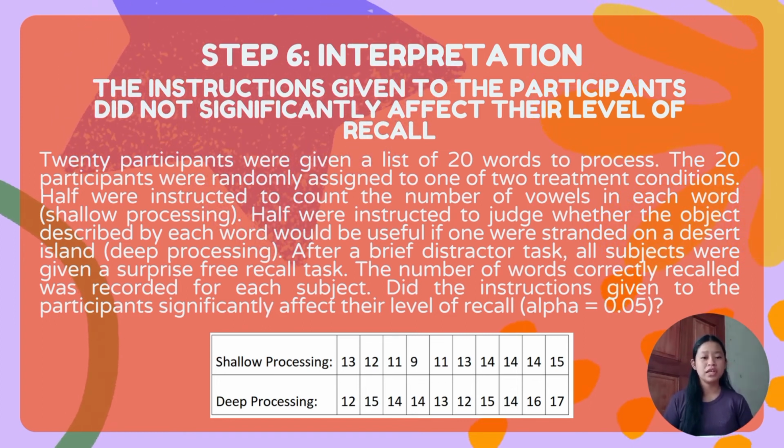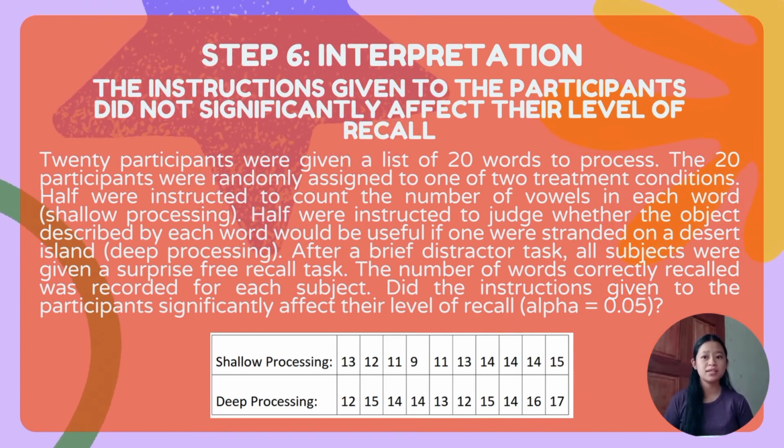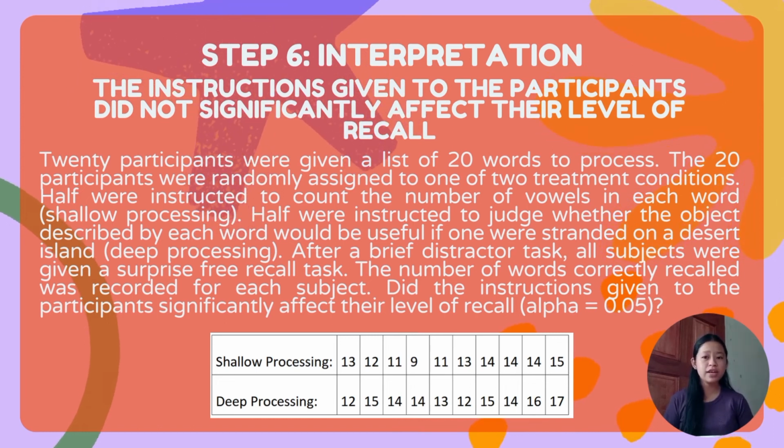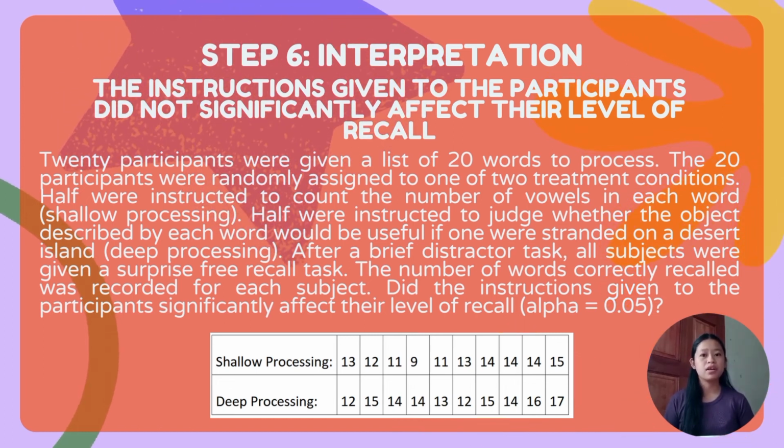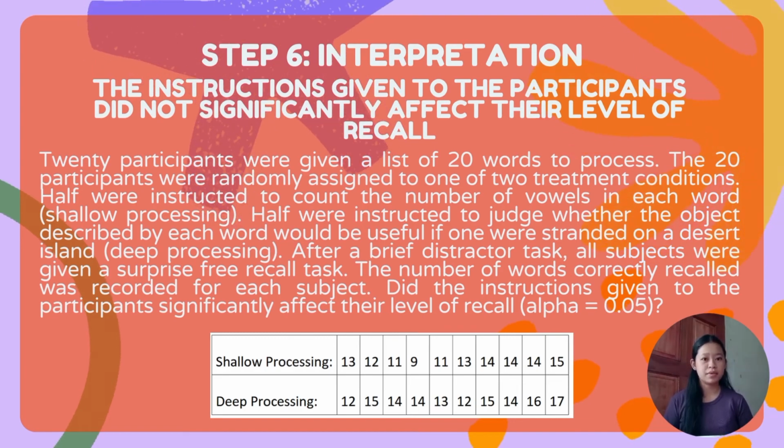Since we failed to reject the null hypothesis, we rejected the alternative hypothesis, and all that is left is that our null hypothesis is true. Therefore, our conclusion for this hypothesis test is that their level of recall was not significantly affected by the instructions given to the participants.